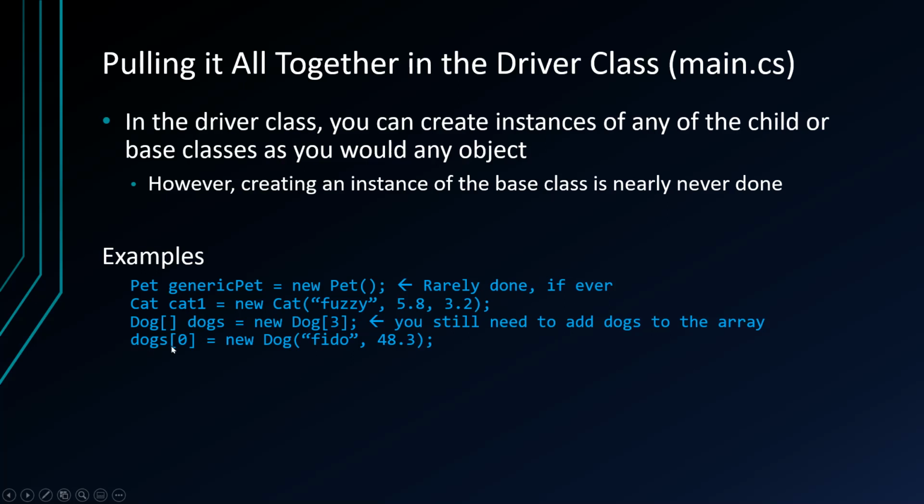Now I can add a new dog by saying dogs at index 0 equals new dog Fido 48.3. Oh, I forgot my breed there. I'll come back and I'll fix that example afterwards. Here, let's put that in there right now. Let's say this is a, what's a good breed? I can't spell Chihuahua, so let's say lab, generic lab. Okay, great.